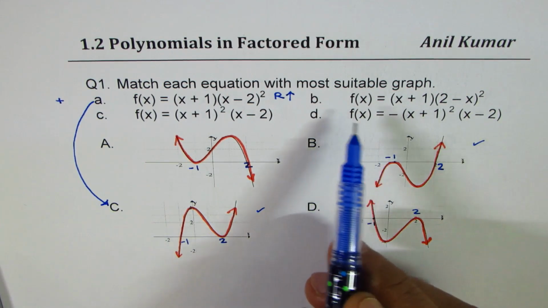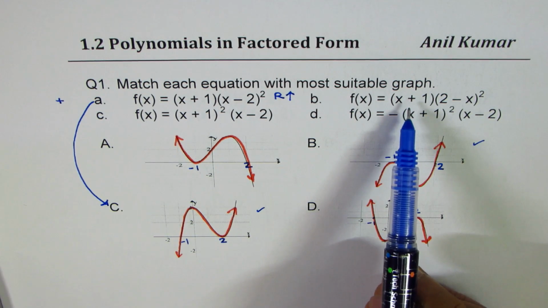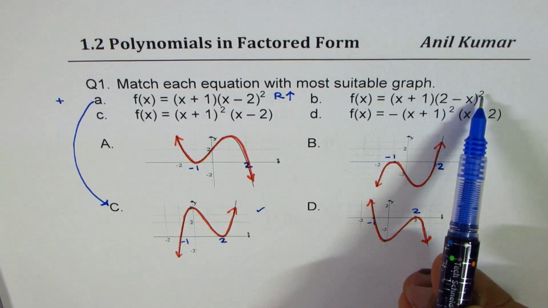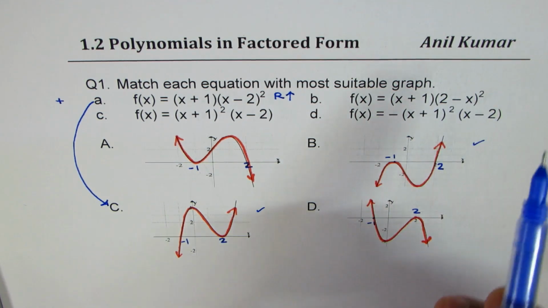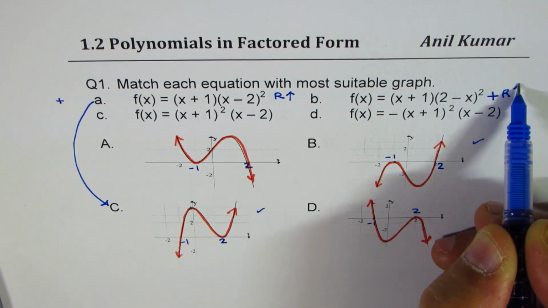Now let's look into B. This time again, the leading coefficient is positive. See, (2 minus x) whole square. When you square a negative, it really becomes positive. So again, the leading coefficient is positive, right side is up, right?